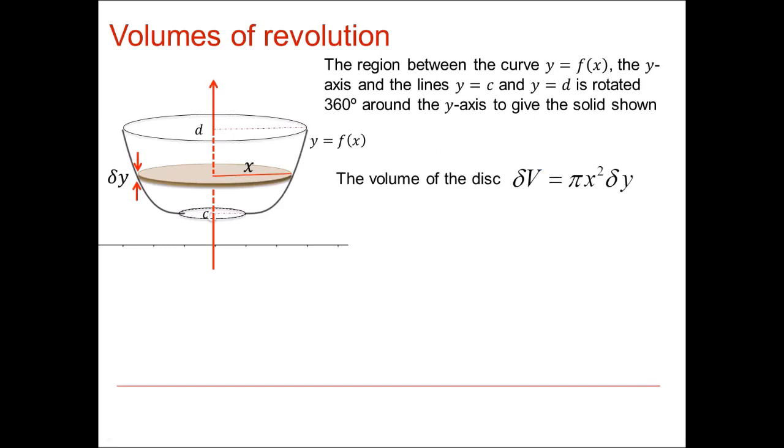Once we've done that, the rest of the process is exactly the same, where we're just taking limits, so we can sum to get an approximate volume, and then take the limit to give us that the volume is an integral from y equal to c up to y equal to d of pi x squared delta y. So again, note that it's pi x squared, but the integration is with respect to y.